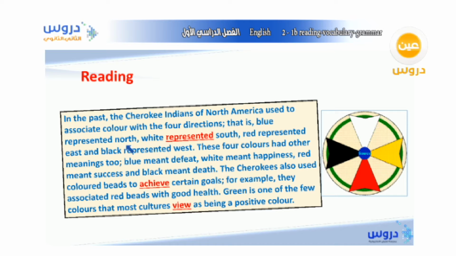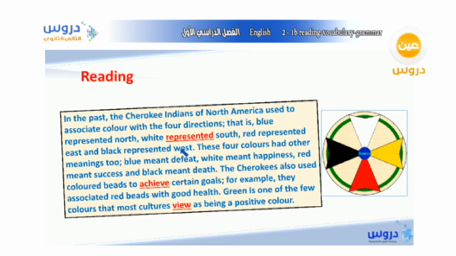That is, blue represented north, white represented south, red represented east, and black represented west. So the Cherokee in North America used colors to tell the directions.